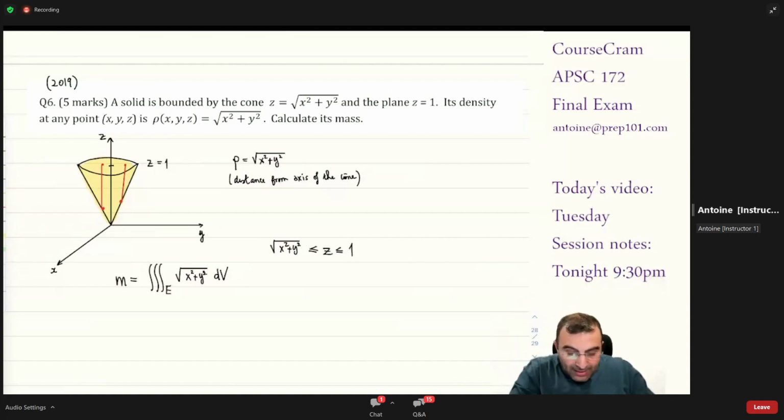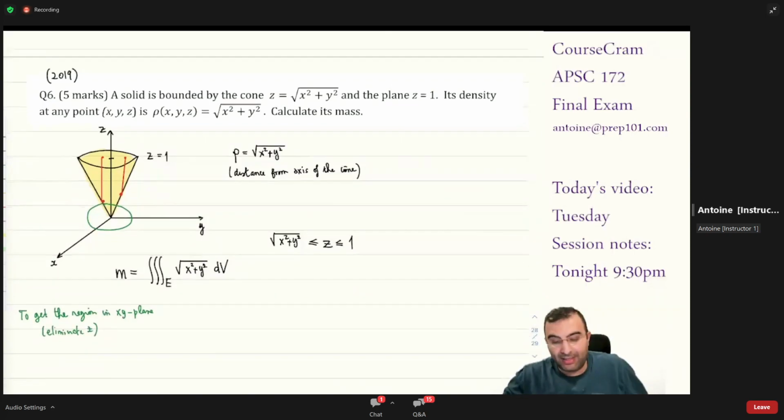To get the region in the xy plane over which all of this is happening, just eliminate z. Remember this. To get the region in the xy plane, eliminate z.